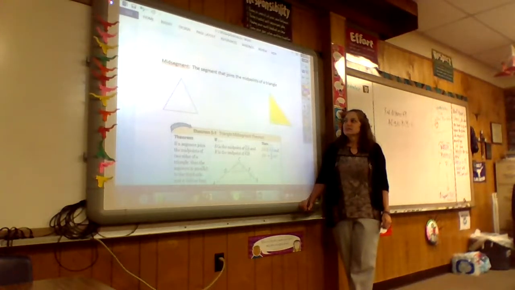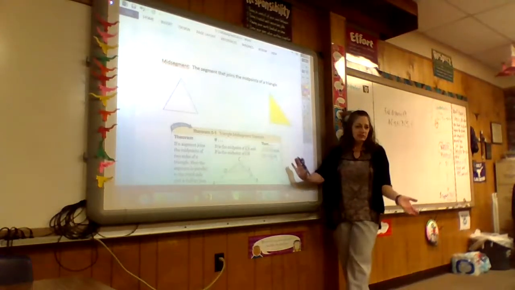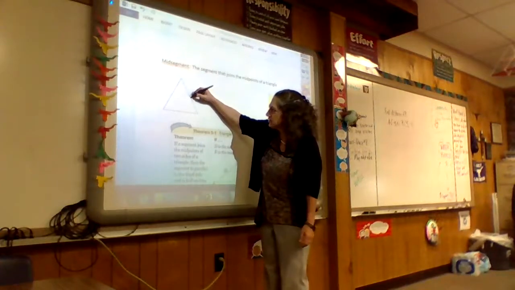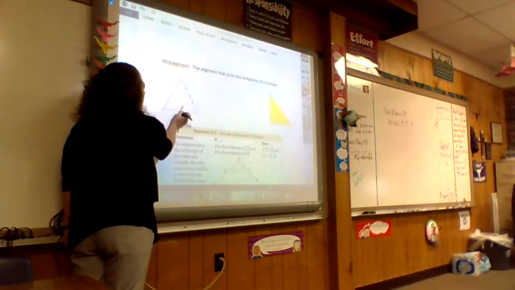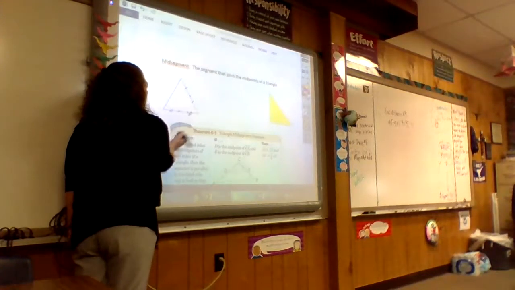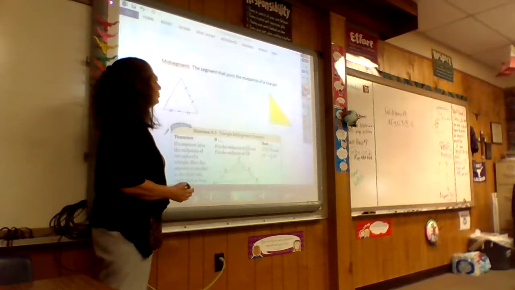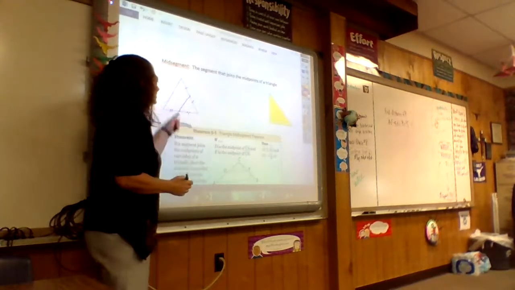But mid-segment. Okay, along with the definition, we're going to draw a picture of a triangle, any triangle that you want to, and then find the midpoint of two of its sides. So I'm going to say this is my middle, and I'm going to say this is my middle. You can find all three if you want to, but I'm just going to go with two for now because the segment that connects those two midpoints is the mid-segment.